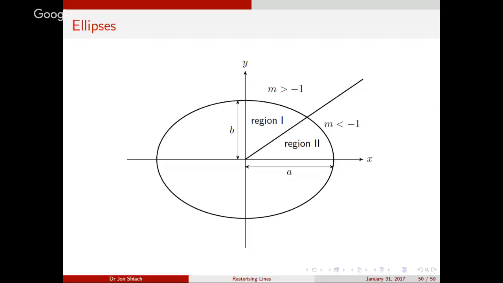So what we do is we calculate this quadrant, the upper right-hand quadrant, and we split the quadrant up into two regions, region 1 and region 2. Region 1 is when the gradient on the ellipse is greater than -1. So if I was to put a tangent line here, it would have a negative gradient, but it's quite a shallow negative gradient. As soon as we get to this point, where the gradient becomes less than -1, we're in region 2.